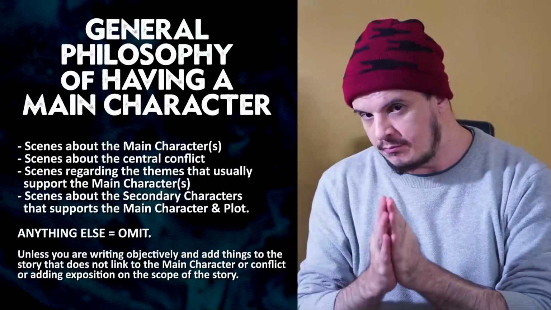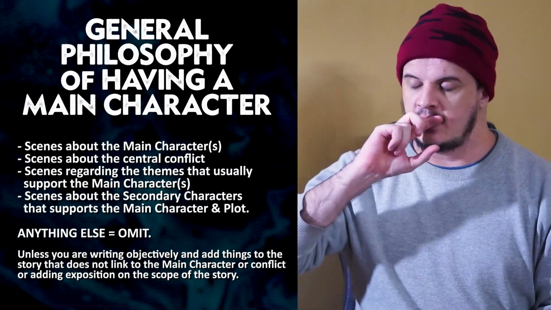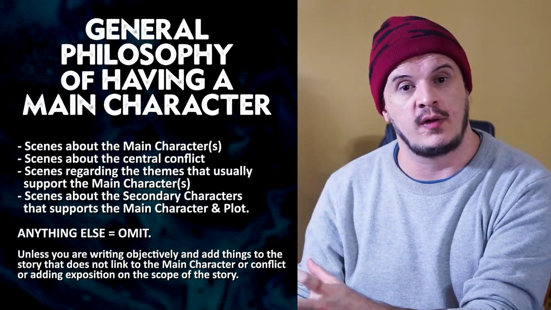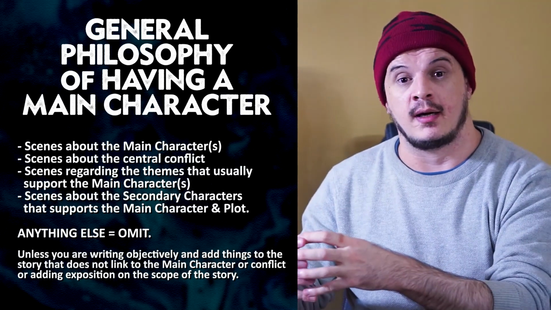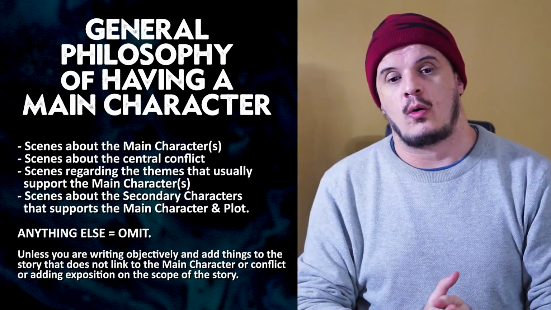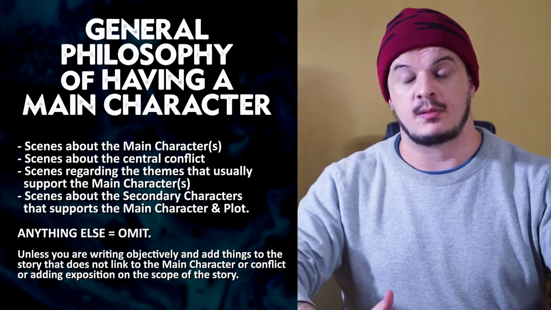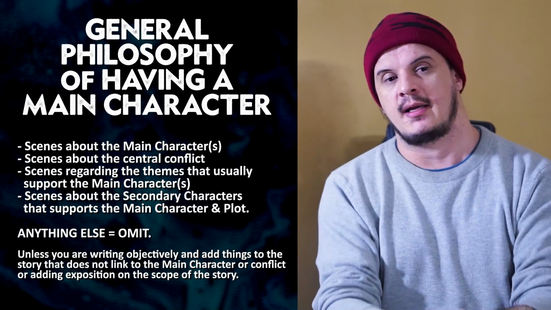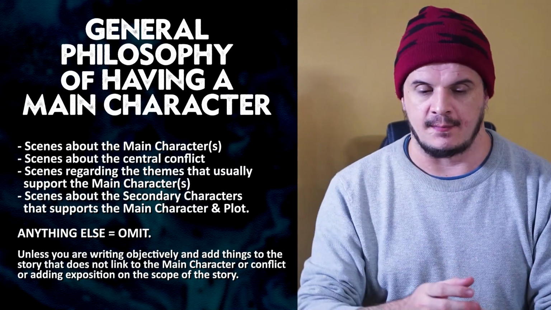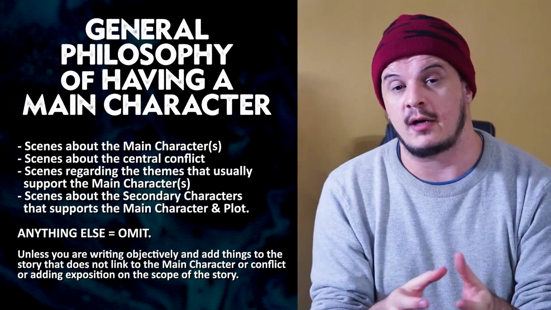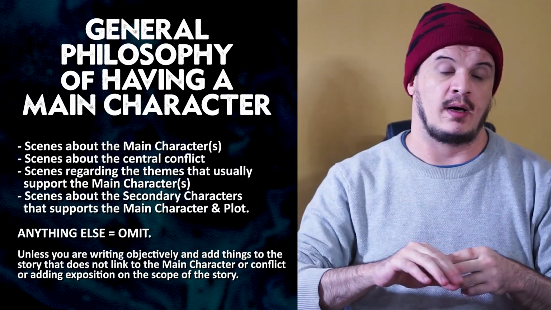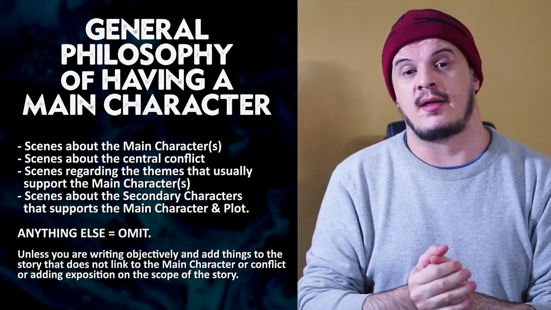And if the character is not present in the scene, it has to do with who generates the conflict, whether it's a world situation conflict or driven by an antagonist or a villain, or thematic devices that help support your main character. But essentially, a main character is often what the story is about, who the story is about, and in some cases, an exception to the rule, they act as the eyes of the audience observing someone else's story.